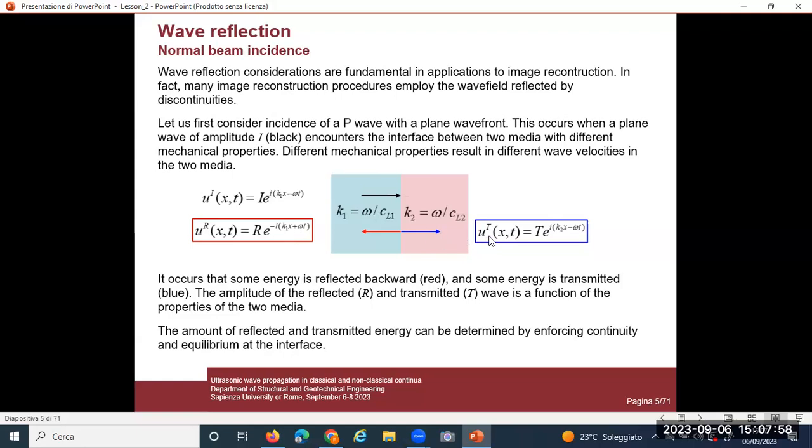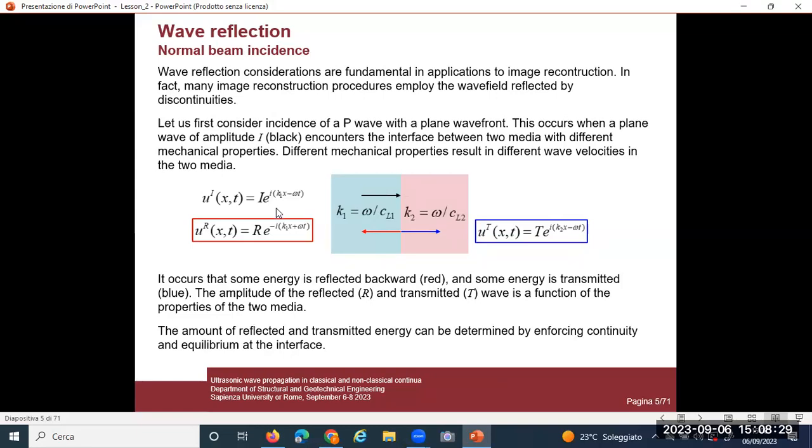And a part of the wave is instead transmitted to the pink material, and the wave is represented by this blue arrow and this equation, which is again a wave which propagates from the left to the right. The different amplitudes are represented by this capital R and capital T and capital I for the incident wave.